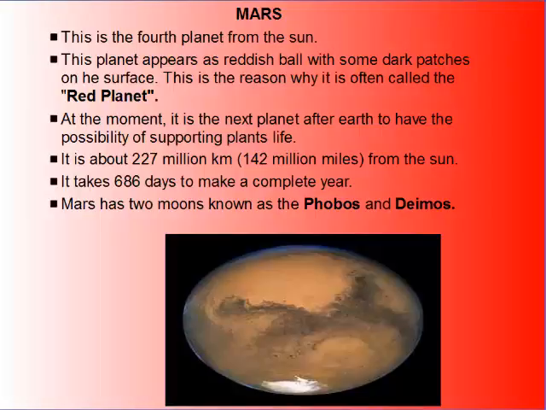That is, there is a possibility that Mars can support life. It is about 227 million kilometers from the sun, and it takes 686 days to make a complete year. Mars has two moons known as Phobos and Deimos.